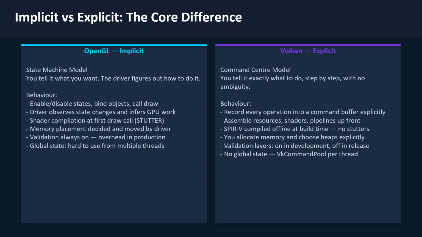So that is why we also call it an explicit API. Another important fact is that when you develop with Vulkan, it gives you validation layers. So what are validation layers? When you are in development mode, you turn on these validation layers.